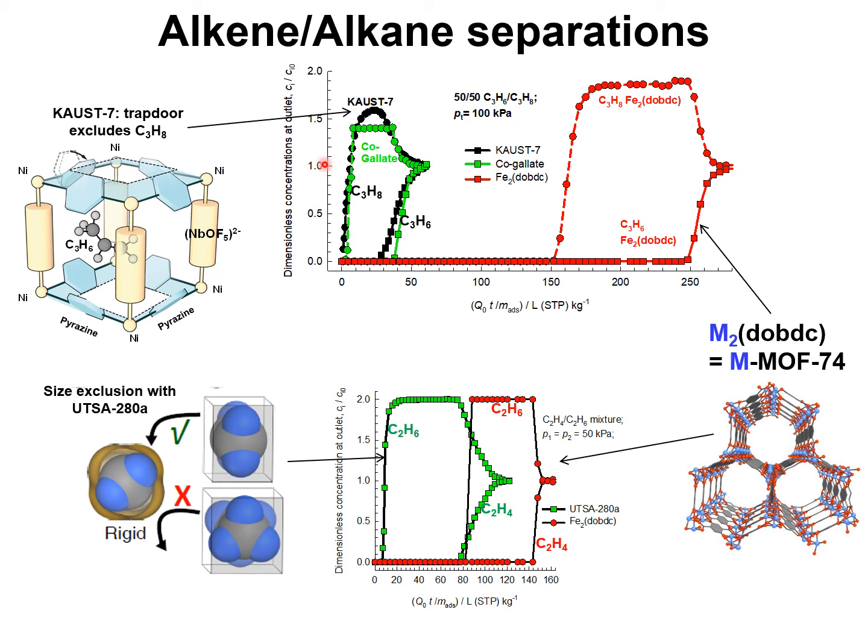The situation with these 2 MOFs is quite different. CAU-ST 7, for example, excludes propane almost totally from the pores by a trapdoor mechanism.